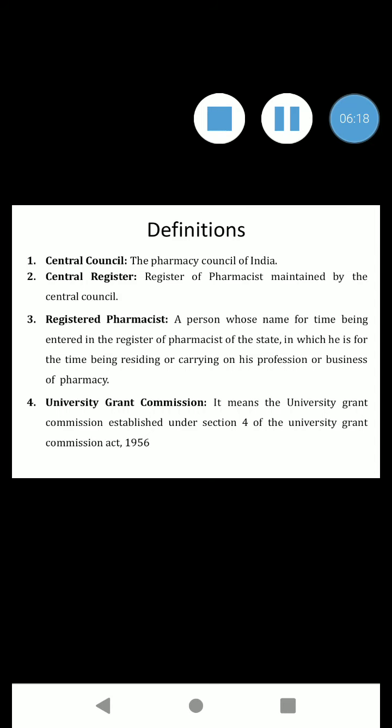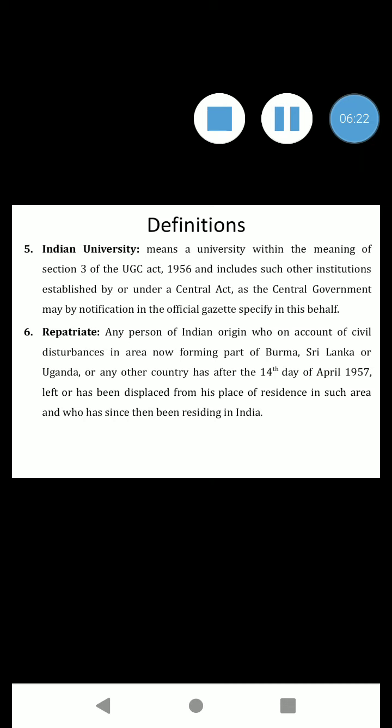Next we discuss the definition of Indian University. It means a university within the meaning of Section 3 of the UGC Act 1956, and it includes such other institutions established by or under a Central Act as the Central Government may specify by notification in the official gazette.